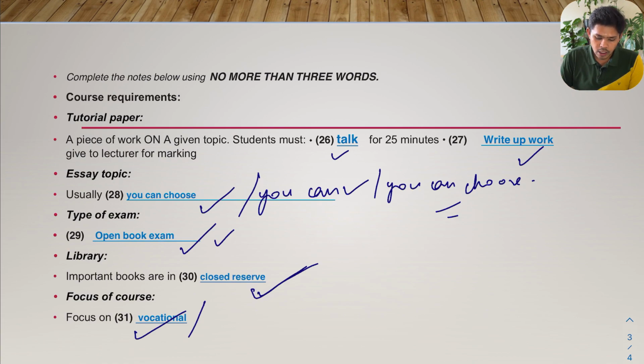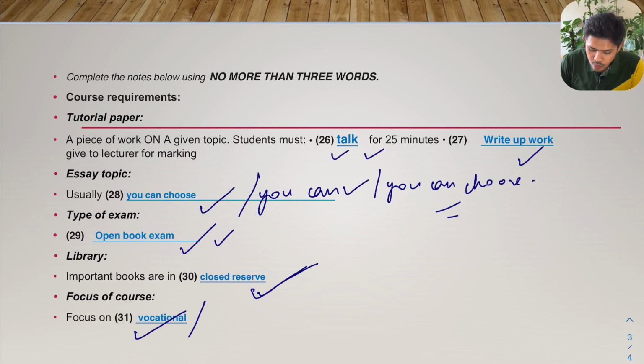The first one, a piece of work on a given topic, students must, and then there is a colon, talk for 25 minutes. So that's why T has to be small, because it's part of the sentence. And then next one is write up work given to a lecturer for marking. That's a new sentence, okay?